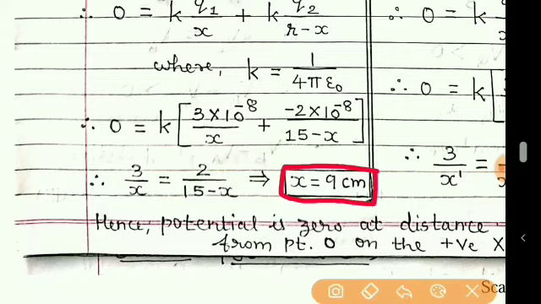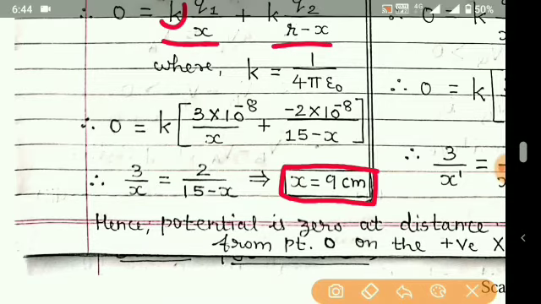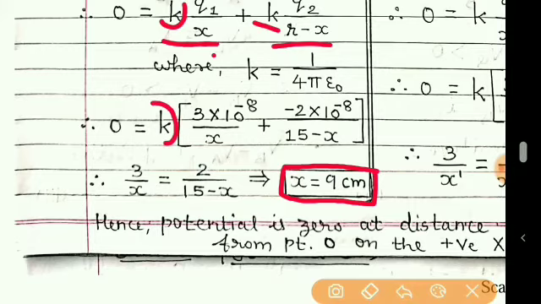Students, the calculation is quite simple. See, in both these terms, k is constant, which is common in both, so that is taken out, and when this k is brought from the right hand side to the left hand side, 0 upon k will be 0 only, so we can simply remove this k.